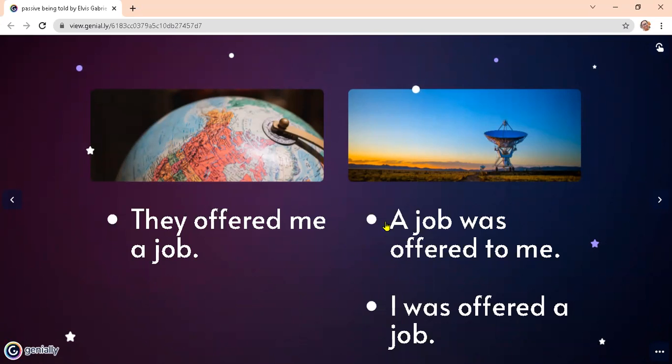So the active form is they offered me a job, and the passive form is a job was offered to me. Notice how in this sentence we are using was and a verb in the past participle form. And again, in this case, we have two objects. We have the word me and a job. So I can just go like I was offered a job, or a job was offered to me.